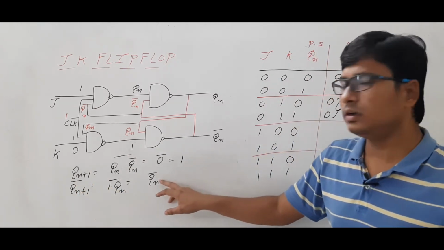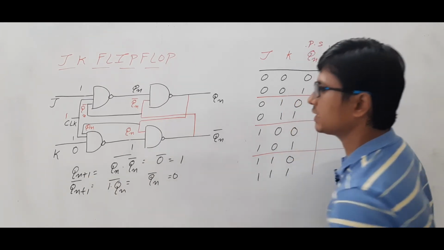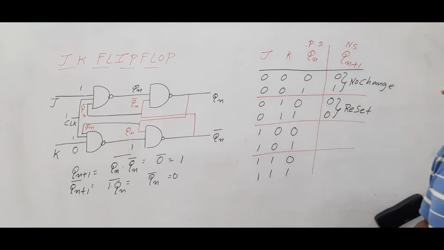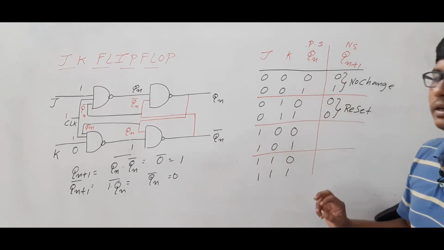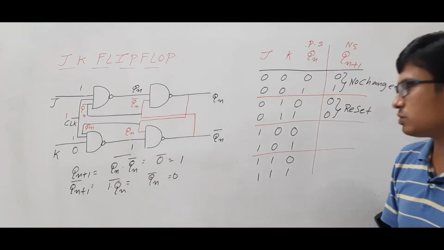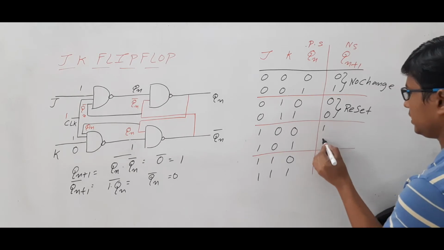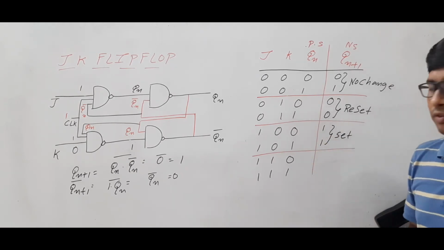If it is 1, Qn+1 complement will be 0. Are you able to understand? So when J and K values are 1 and 0 respectively, whatever the previous Qn, Qn+1 will always produce the output as 1. So this one we will call a set condition. Are you able to follow with me or not?